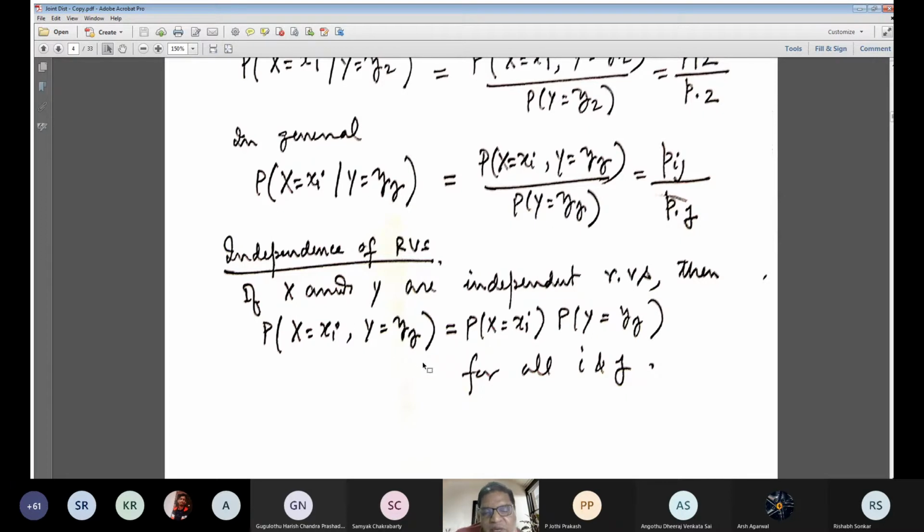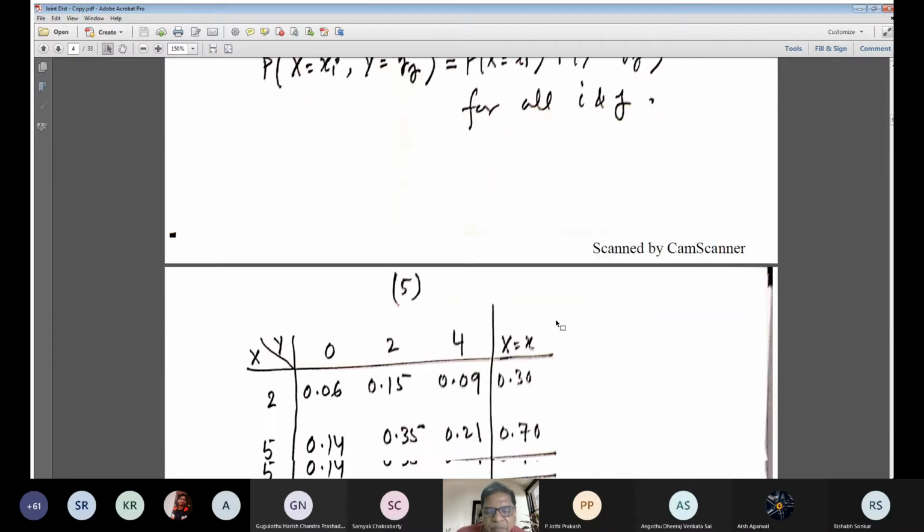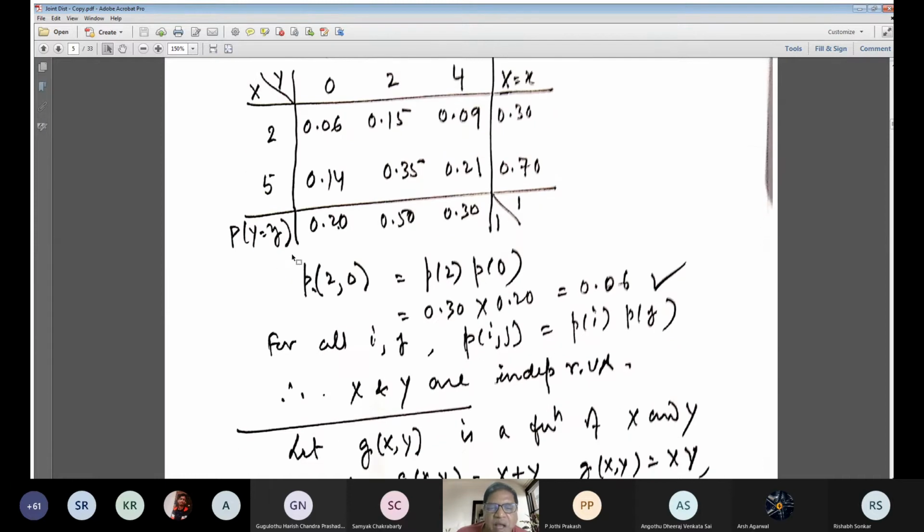So if X and Y are independent random variables, then their joint probabilities can be expressed as a product of the marginal probabilities, and it should be true for all i and j. I took one example and showed you that in this case, you can cross multiply the respective marginal probabilities and see that the values are equal to their joint probabilities.